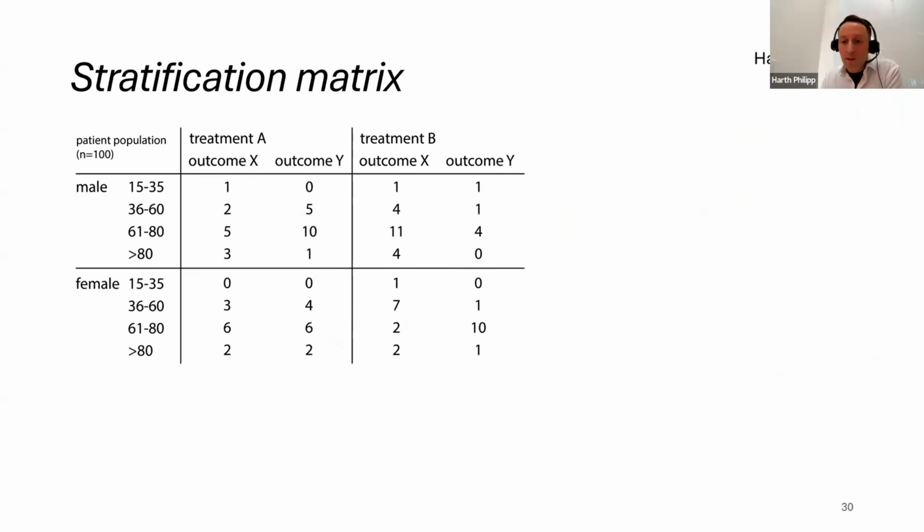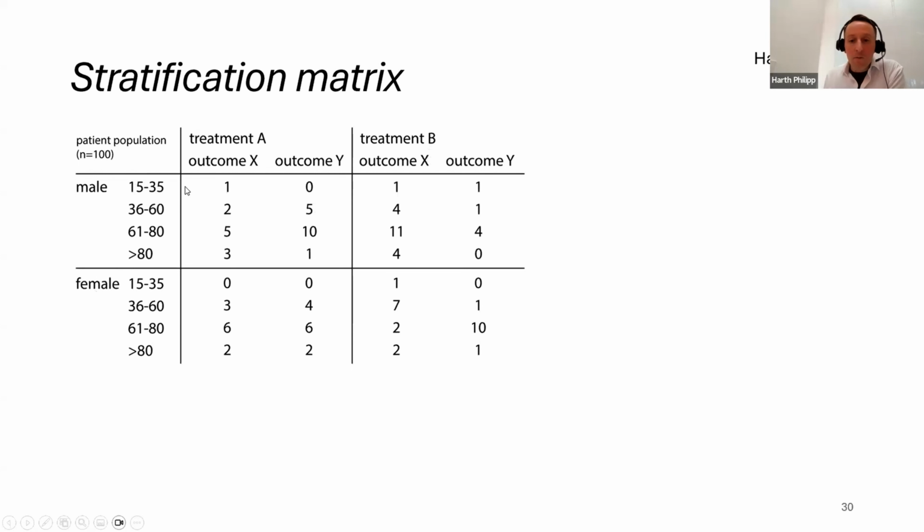The first was a design study called the stratification matrix. So here we see a tabular structure, which is simply for illustration, where we have a patient population of N=100 grouped by two axes: gender, age, treatment type, and treatment outcome.